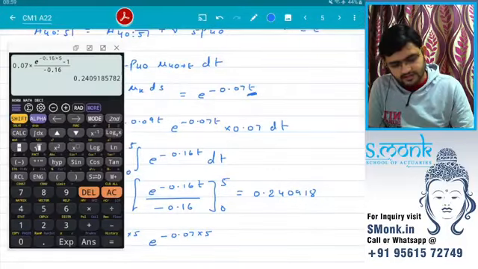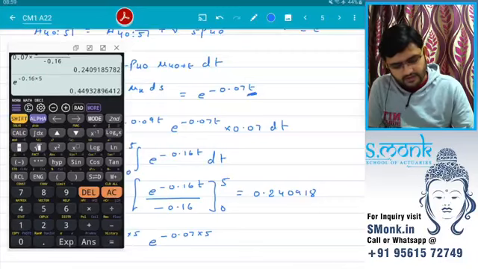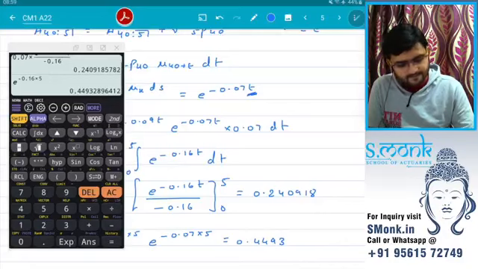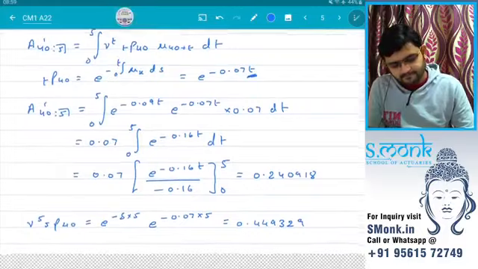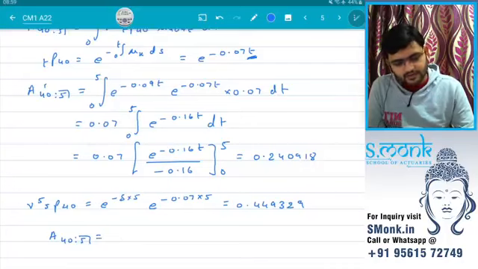Delta is again 9%, so we'll get minus 0.16 into 5. And therefore our A45 will be equal to this plus this.